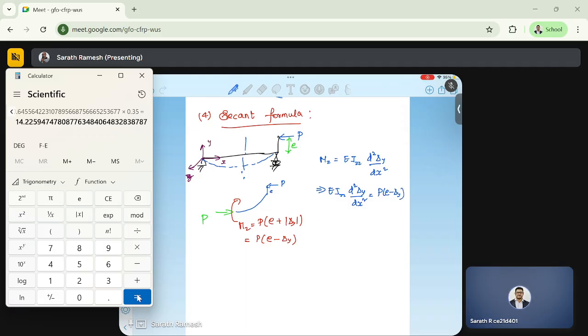So this gives rise to a differential equation d square delta y by dx square plus, say P by EI, we can write k square, to solve the differential equation, equal to k square E, where this k is nothing but square root of P by EIzz.